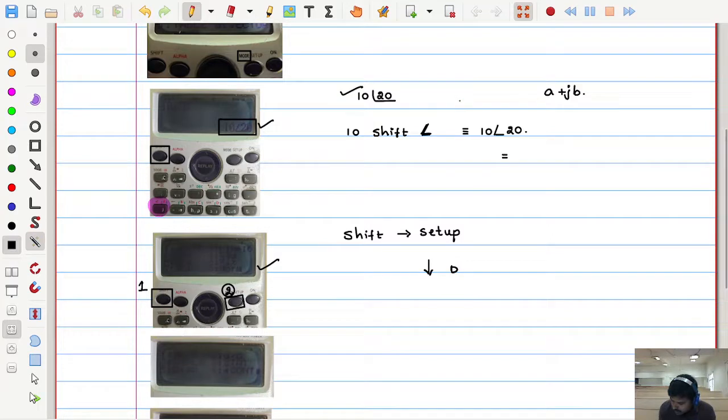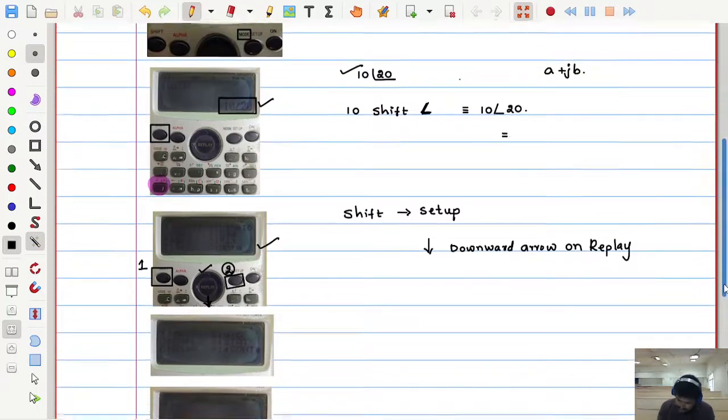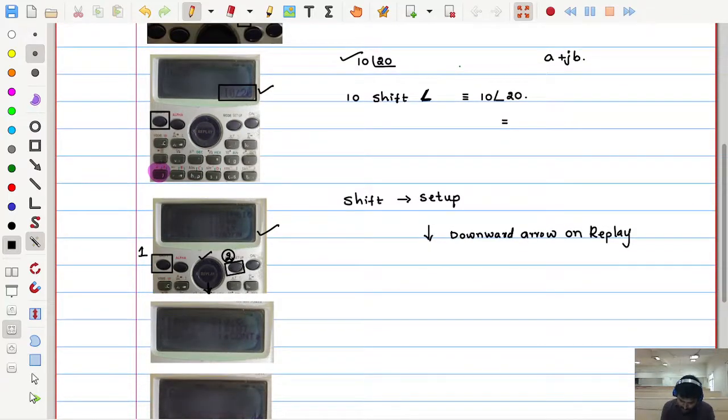This is the replay button, in which press this downward arrow. As a result, you will get the next display: 1 is ab/c, 2 is d/c, 3 is CMPLX.